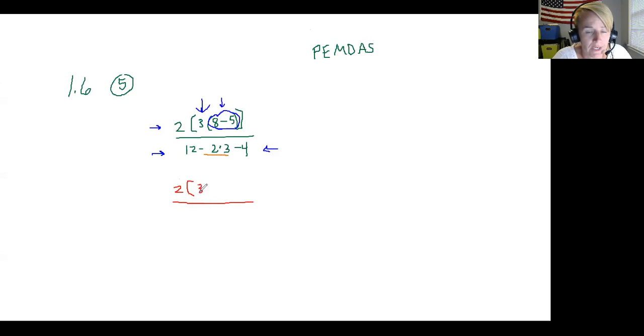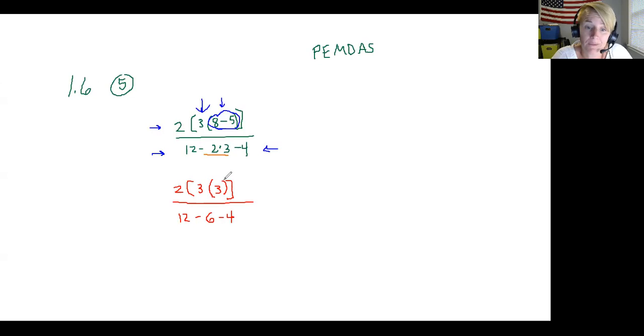I have a 3. 8 minus 5 is also 3. And I'll close everything up. So I completed one step in the numerator, and in the denominator, 12. -2 times 3 is a -6, because a negative times a positive is a negative, and 2 times 3 is 6. -4. The bottom's not difficult. We don't have much left there.